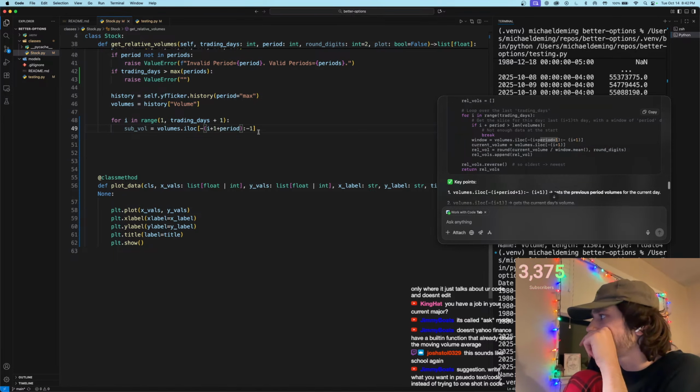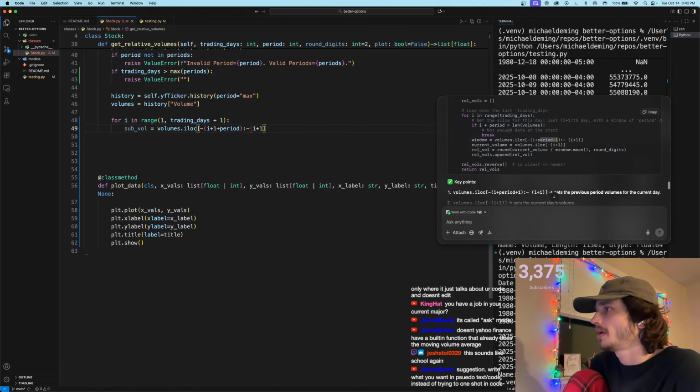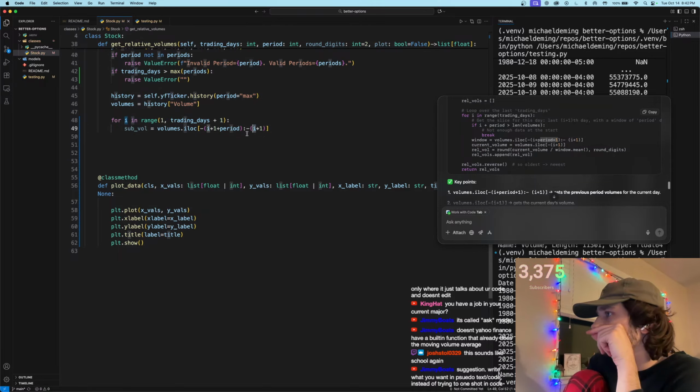All right. And then up through negative i plus 1. Right, because we need to go up to dynamically on i as well.